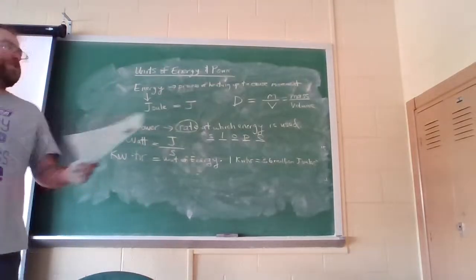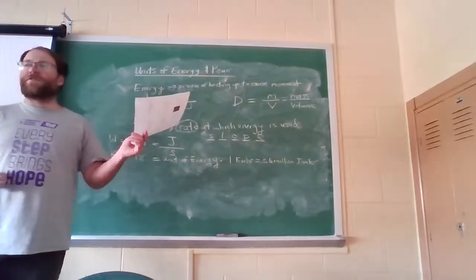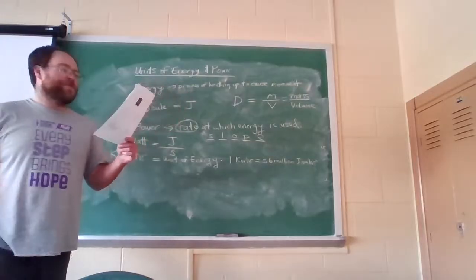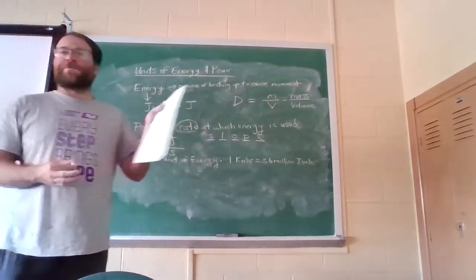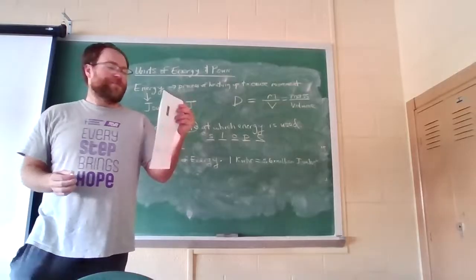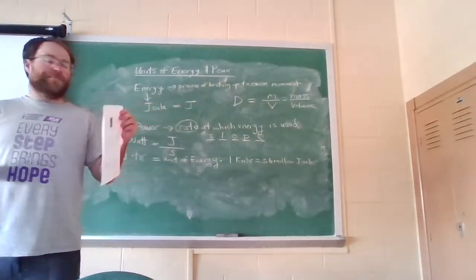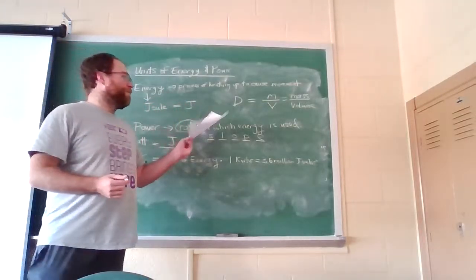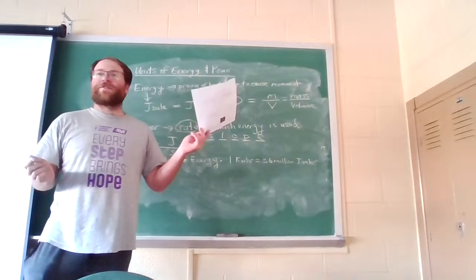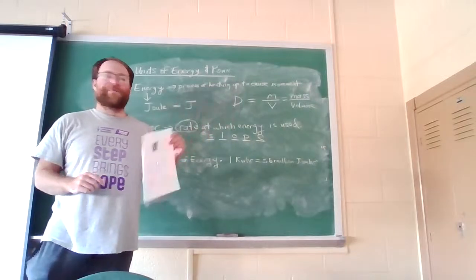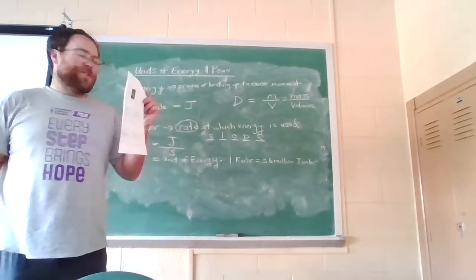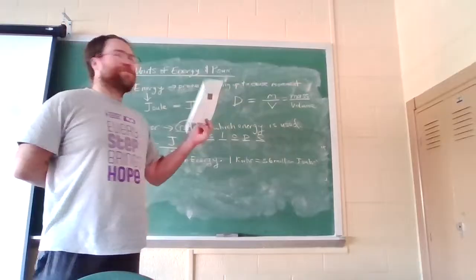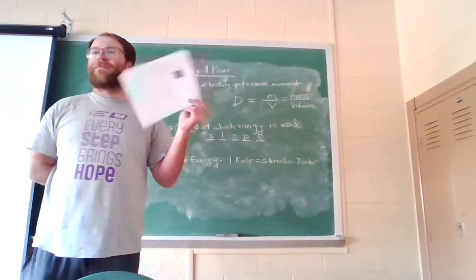But mass and volume can have different meanings based on the context of the situation. Some of the examples they give you here are in the notes. Material density: typically think grams over milliliters or something like that. Population density, think number of people per square mile.